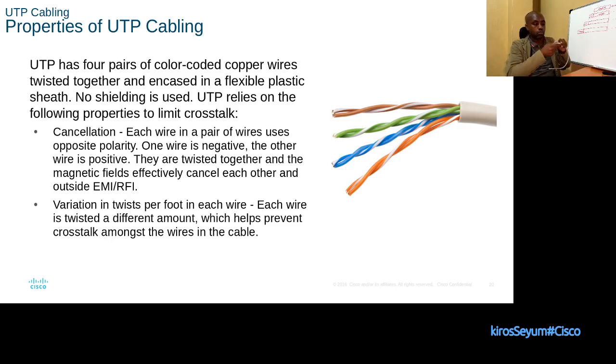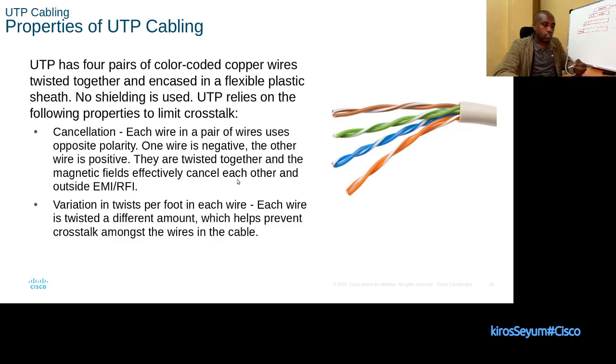I will show you this UTP. The center is just for protection. Different colors are here. In this you can have crosstalk. Crosstalk is an interference, but if it is twisted, it is possible to avoid such crosstalk.